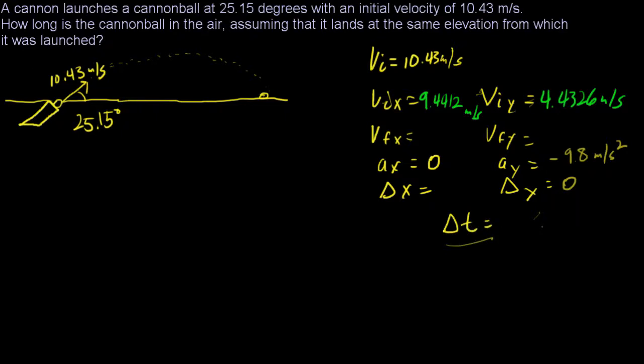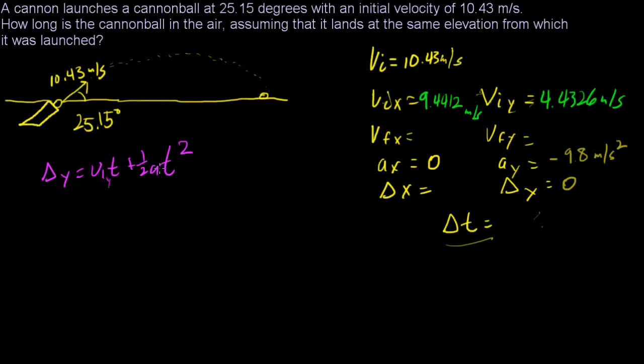So in a perfect world, we would just now say, okay, well, delta Y equals VI T plus 1/2 AT squared, and just solve this for T. Except that solving this for T is kind of a problem when VI isn't 0, and VI isn't 0 in the y direction. So we can't do this, by the way.